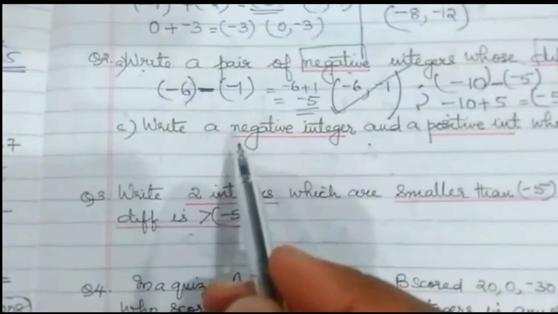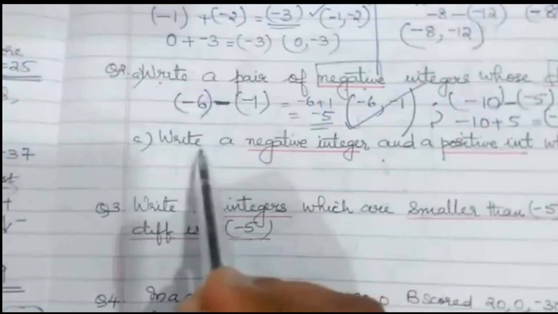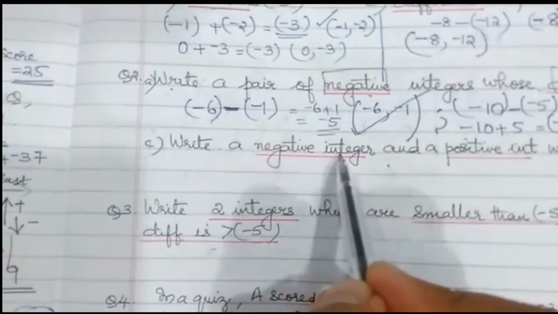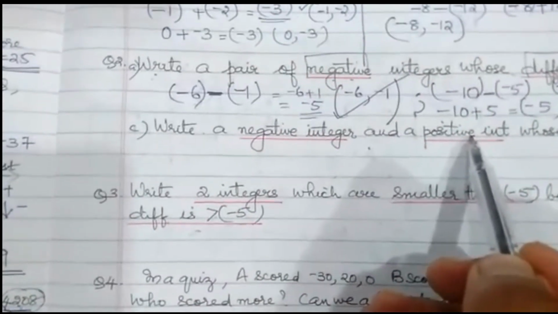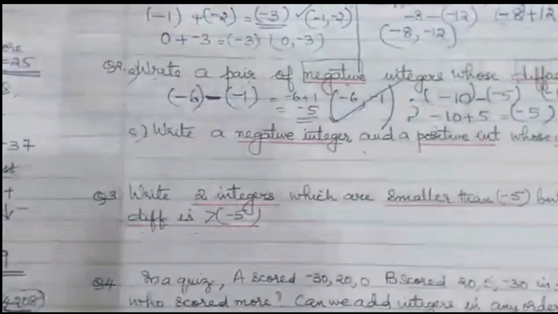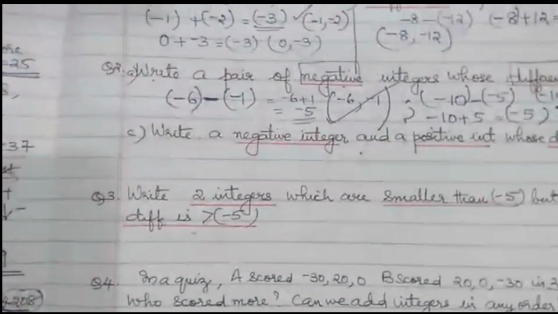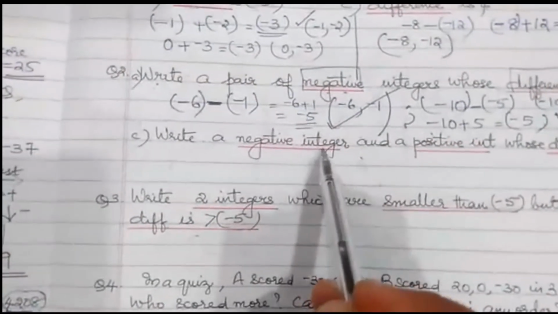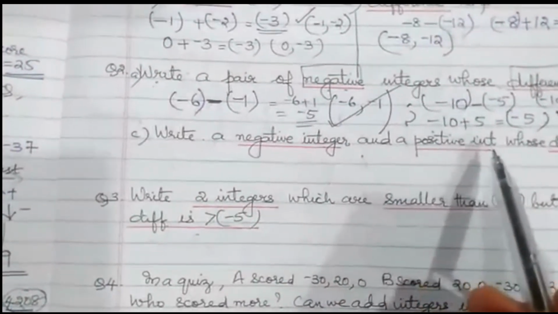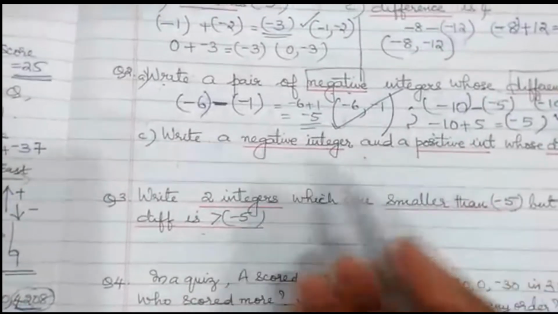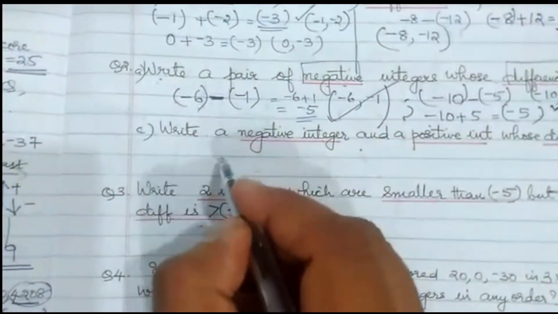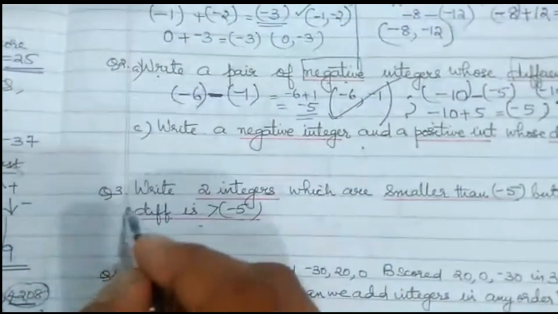Now the next question is, you have to write a negative integer and a positive integer whose difference is minus 3. You have to have a negative and a positive integer. The difference should be minus 3.